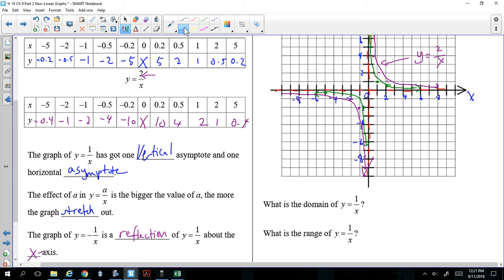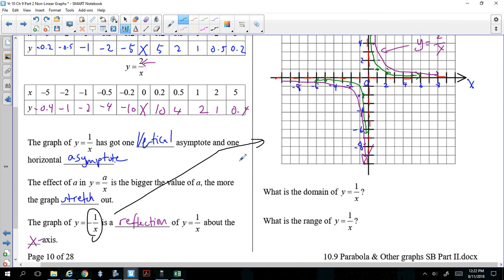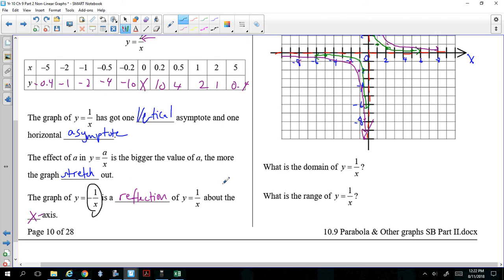So if I try to draw -1 over x on this graph, it will look like this. Actually, I won't draw it there because it will be confusing. Okay, so if I draw it here, if you have a negative, the graph will look like this. You can verify that using a table of values. Okay, so negative x and then y.